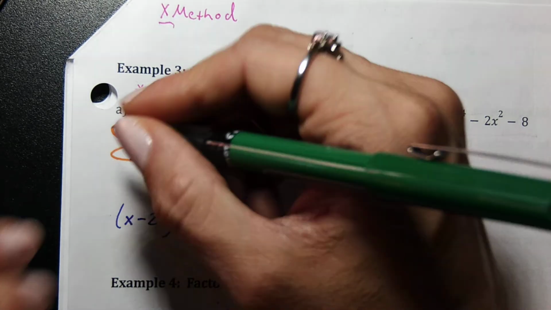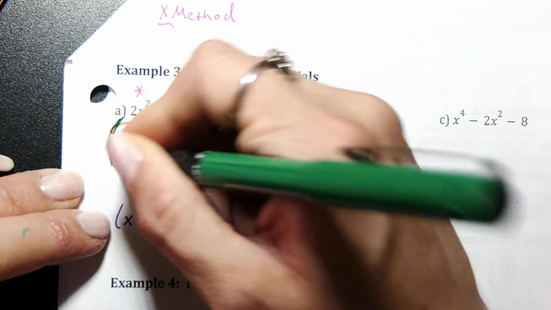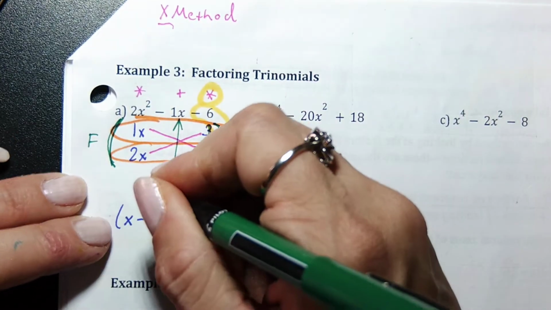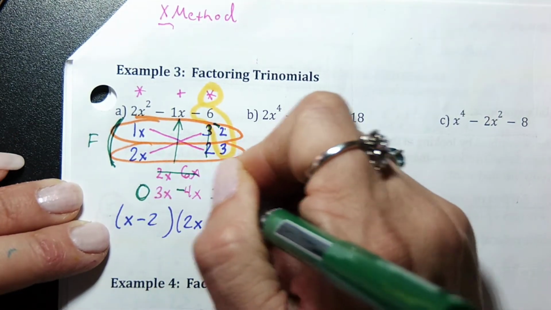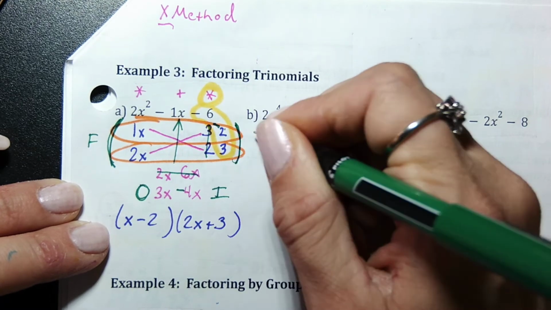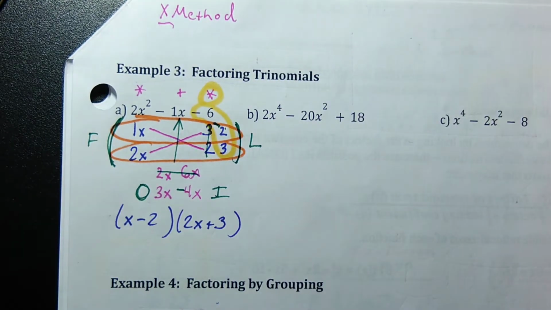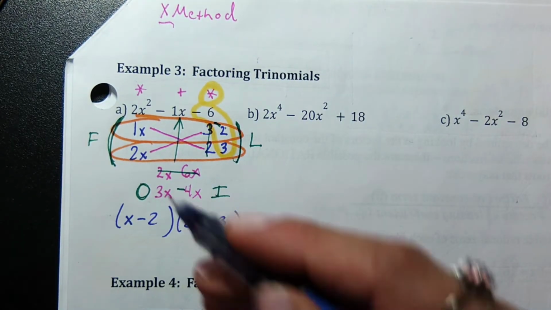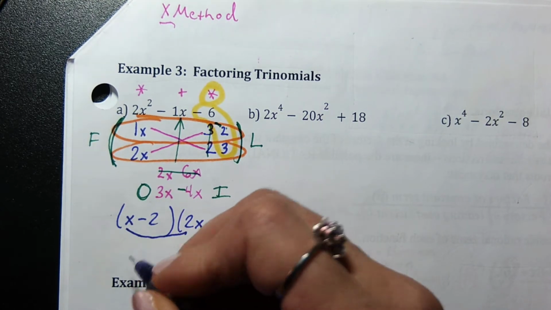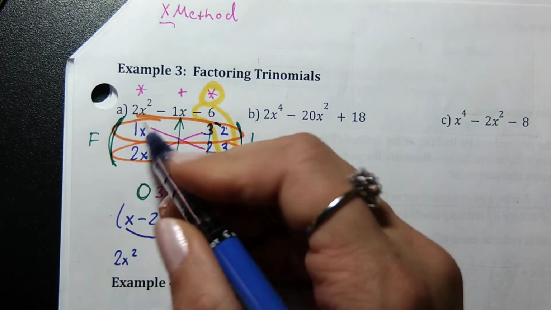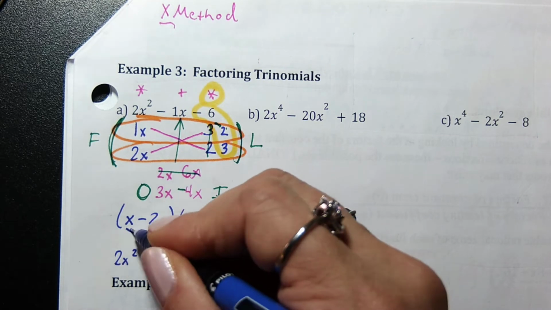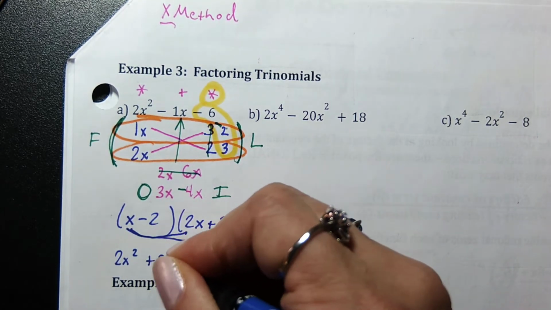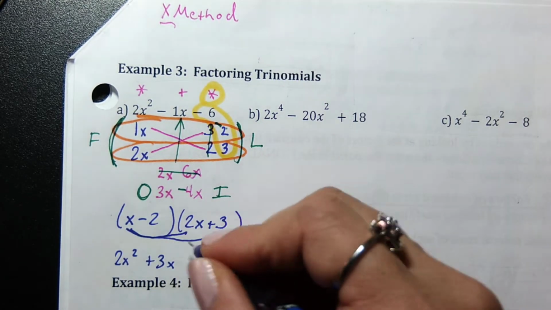So you may remember back in the day, we said that these numbers represent the F part of FOILing. This is the O part of FOILing. That's the I part of FOILing. And this is the L part of FOILing. So if I were to check myself, x times 2x, 2x squared. There's the F part of FOILing. Outside terms, x times 3, 3x. There it is. That's the O part of FOILing.